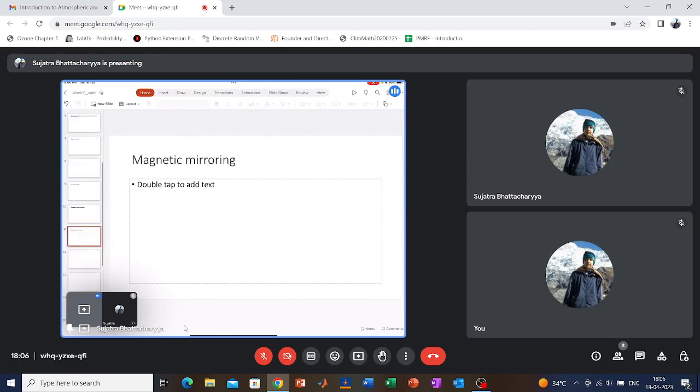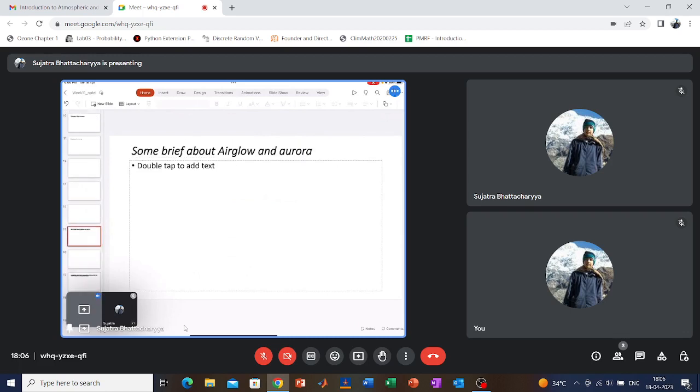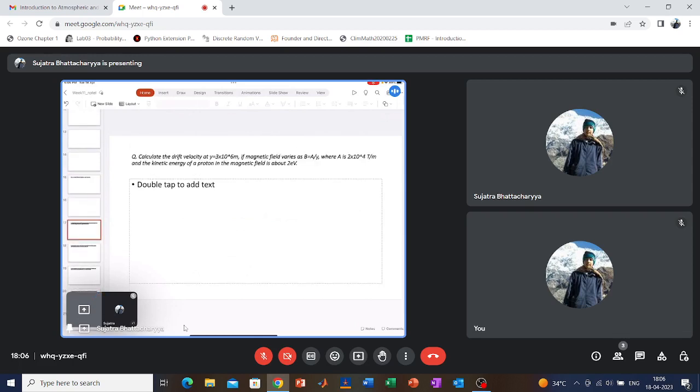Then magnetic mirroring, which is an important concept in order to solve certain questions. And after that, a brief introduction about the airglow and aurora I will put, because some questions are also from that, and some numerical questions which will be helpful in solving the assignment questions in week 12.